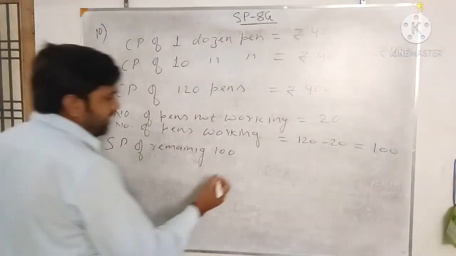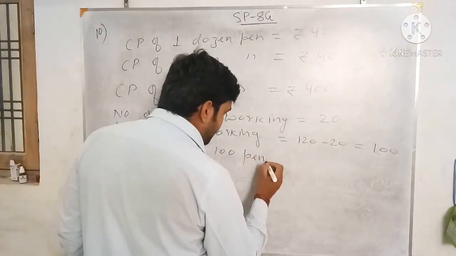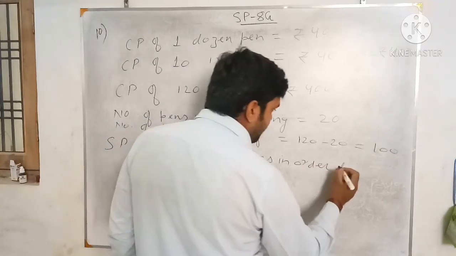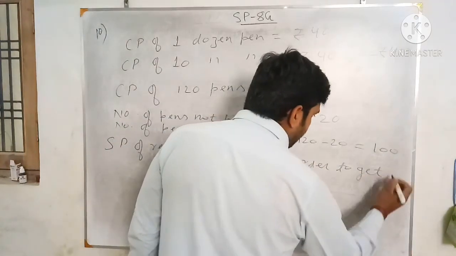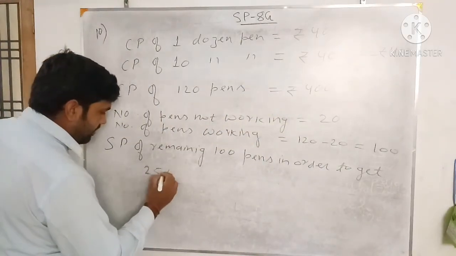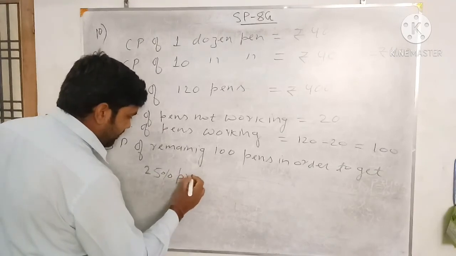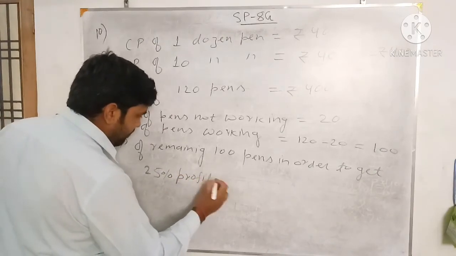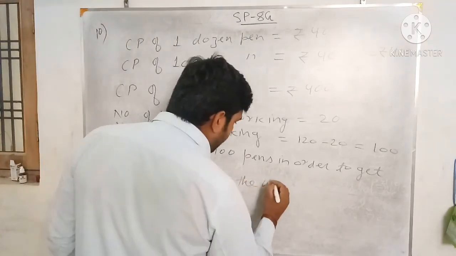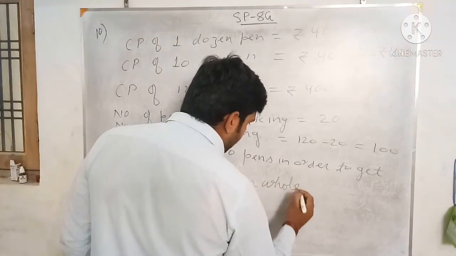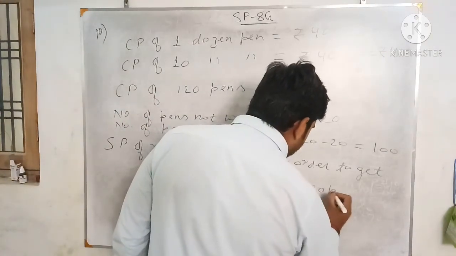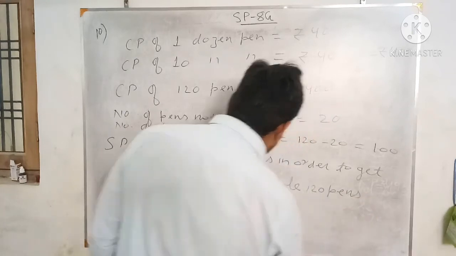So the selling price of the remaining 100 pens, in order to get 25% profit on the whole 120 pens.